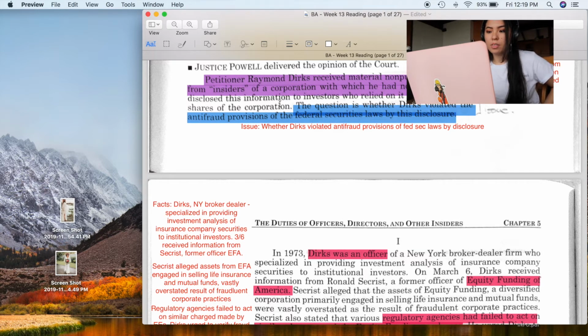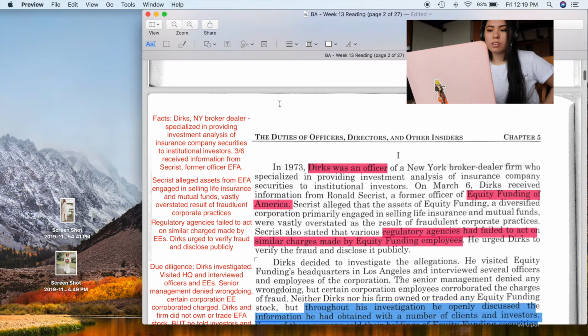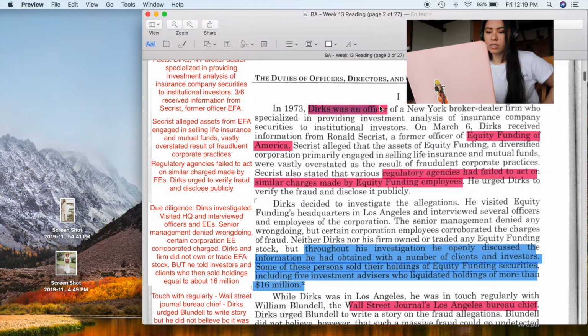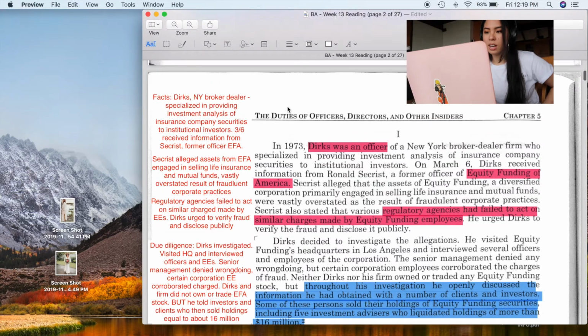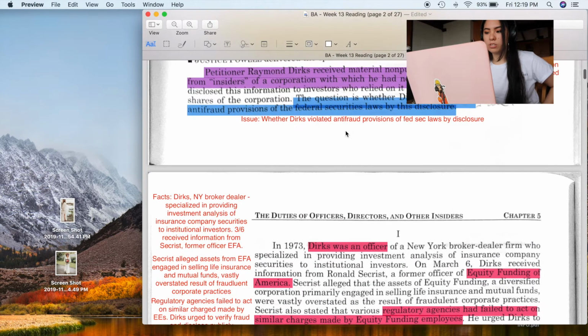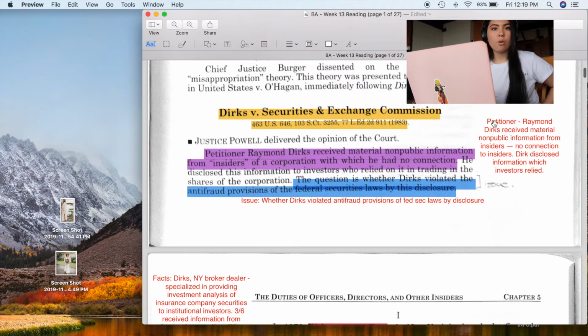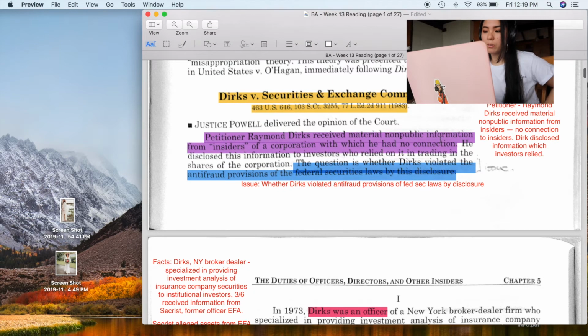And then this pinkish red color I use as my facts. I outline the facts on the side, my issues on the side, my procedural history on the side, so that if I get called in class and he asks me what the procedural history was, I'll know right away.